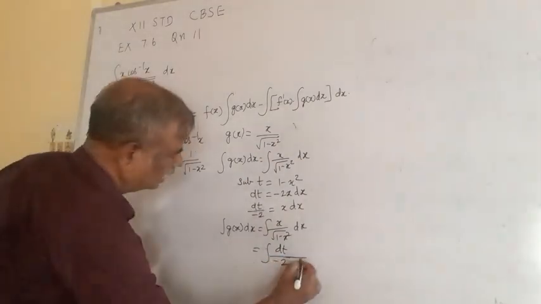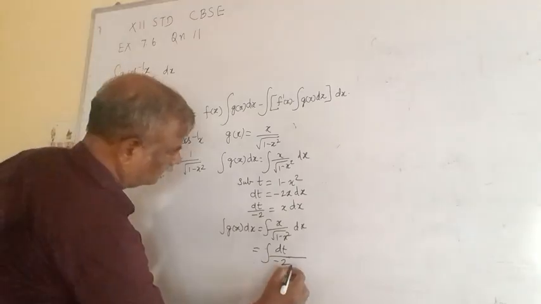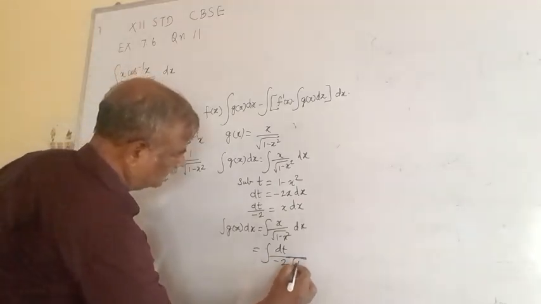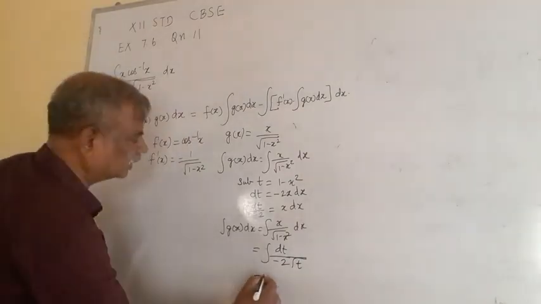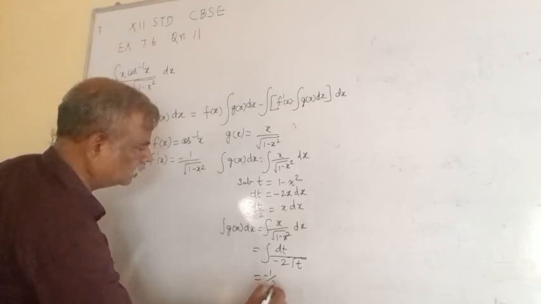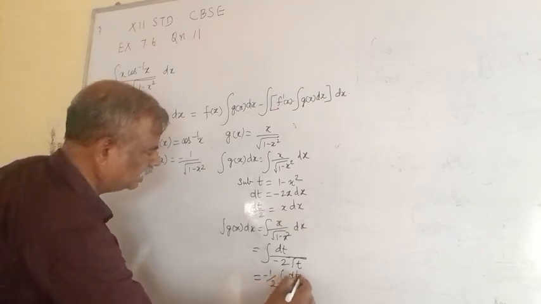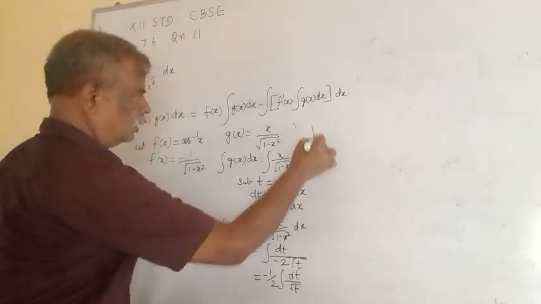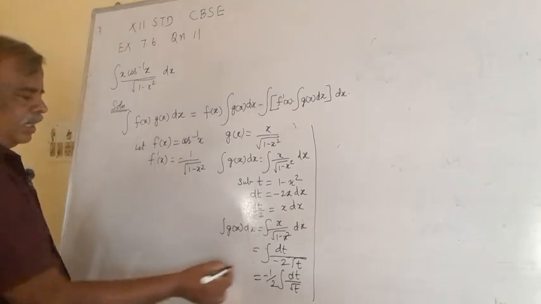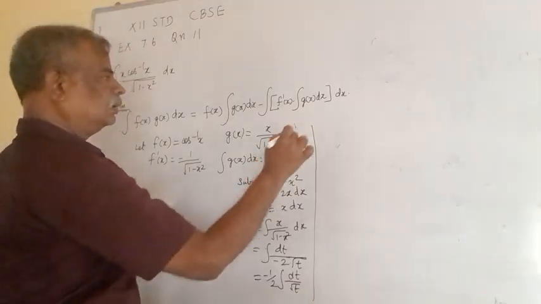In the denominator there is root of 1 minus x square, and root of 1 minus x square is equal to root t. It can be written like that: minus 1 by 2 integration of dt by root t. Now I take root t to the numerator.